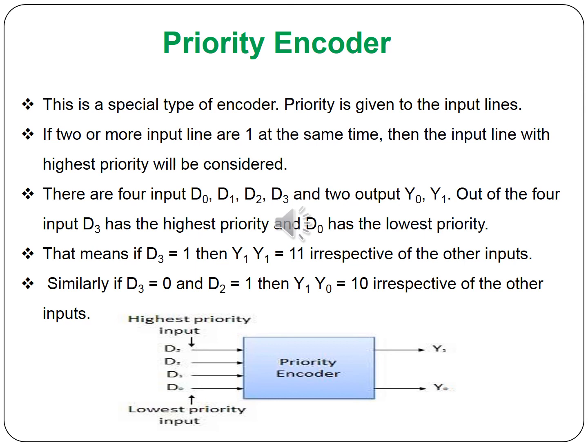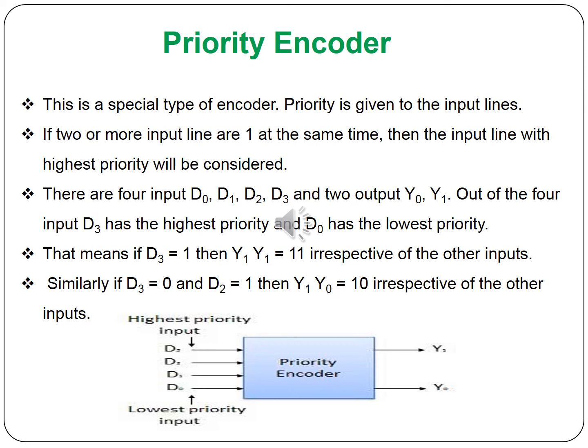If two or more input lines are 1 at the same time, the output line with the highest priority will be considered. So if one or more lines have the input 1 at the same time, the output is available only for the highest priority input. There are 4 input lines D0, D1, D2 and D3 and 2 output lines Y1 and Y0.